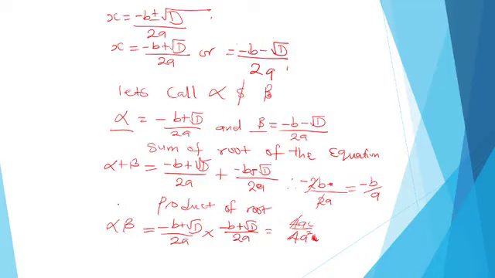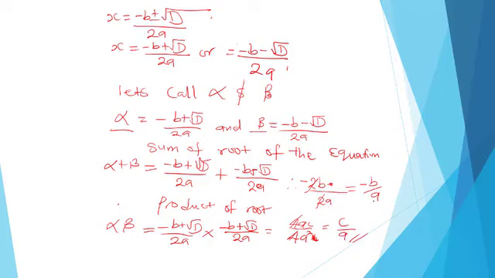So this goes with this, goes with one of these. You now have C over A. So product of root is C over A, and sum of root is minus B over A.